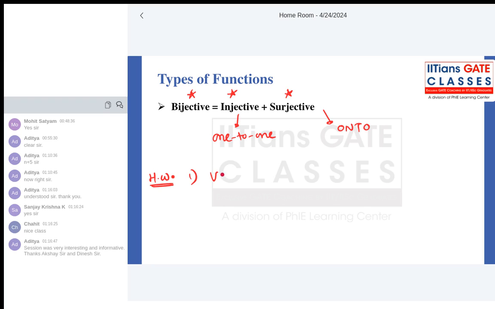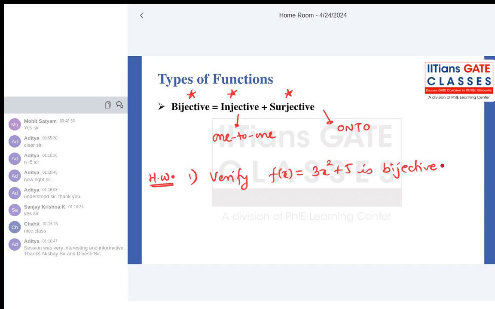First is, verify f of x equal to 3x squared plus 5 is bijective. So here you need to first check whether it's a one-to-one function, and then check whether it's an onto function.